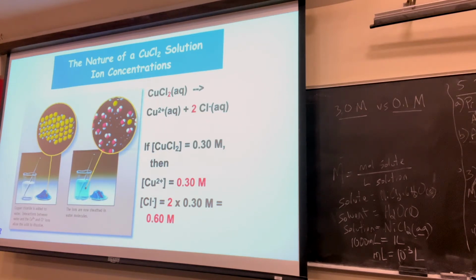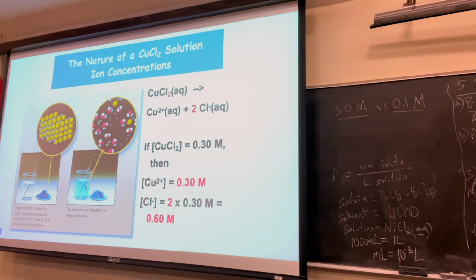So that means that if this was the solution concentration of the whole thing, we would have 0.30 molar copper 2 plus. But chloride is twice that concentration because we get 2 Cl minuses off for every 1 CuCl2.